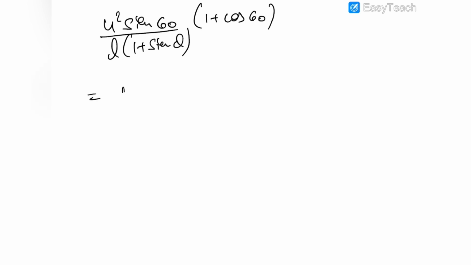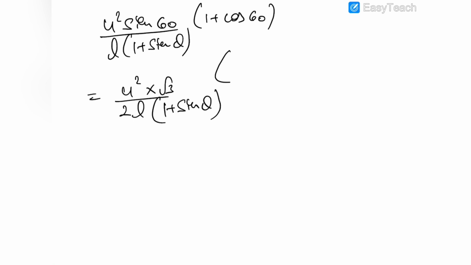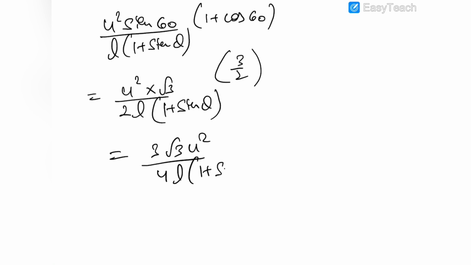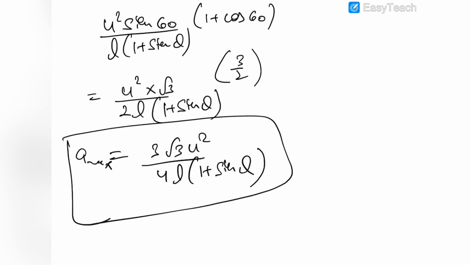So this is u square into root 3 by 2L(1 plus sine theta), and this is 3 by 2. So you can see that this is 3 root 3 u square by 4L(1 plus sine theta). This is the maximum acceleration of this particle in the chasing.